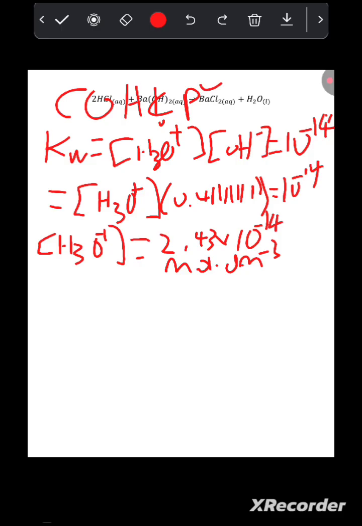Now I can come to the pH. pH is equal to negative log of the concentration of hydronium ions.